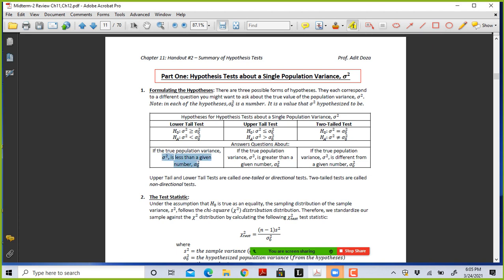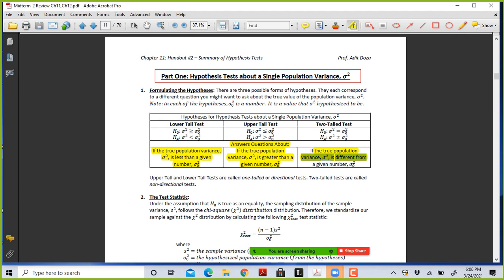These are the properties. If the population variance is less than a given number, it's a lower tail test. If the population variance is greater than a given number, it's an upper tail test. And if it is different from a given number, it's a two tail test.